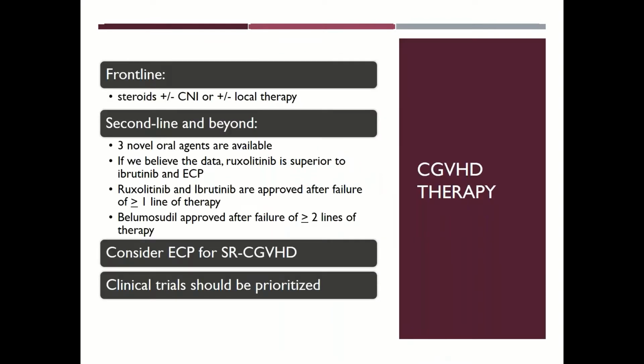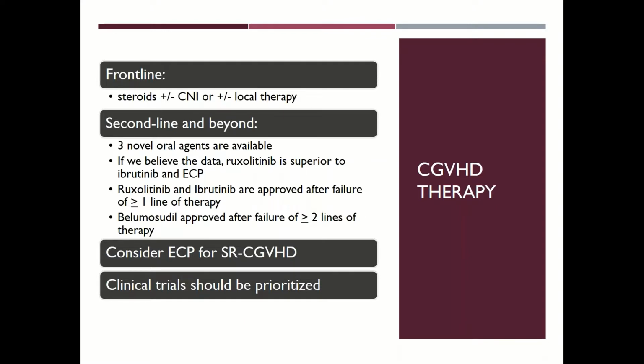So how can we summarize the state of chronic graft-versus-host disease therapy? I would say that in the front line, steroids are still the cornerstone of therapy, with or without a calcineurin inhibitor, and local therapy is appropriate. In the second line and beyond, we have access to 3 novel agents, and if we believe the data from the REACH-3 randomized controlled trial, ruxolitinib is superior to Ibrutinib and ECP.